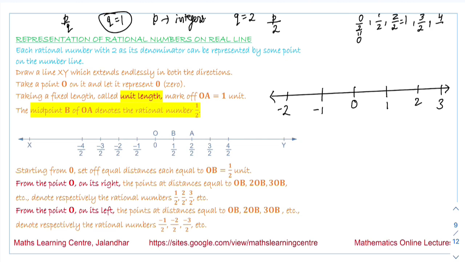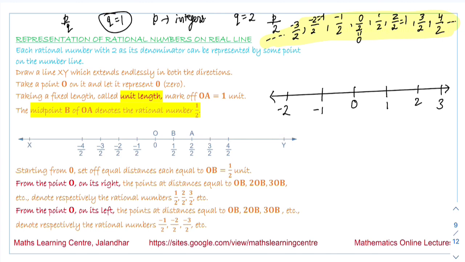Next we get 4 by 2, and so on. Similarly, on the left hand side, we have the numbers -1 by 2, -2 by 2, which is -1, -3 by 2, and so on. So what we have to do now is draw all these numbers on the number line. That is, we are going to draw the numbers with denominator 2 on the number line.